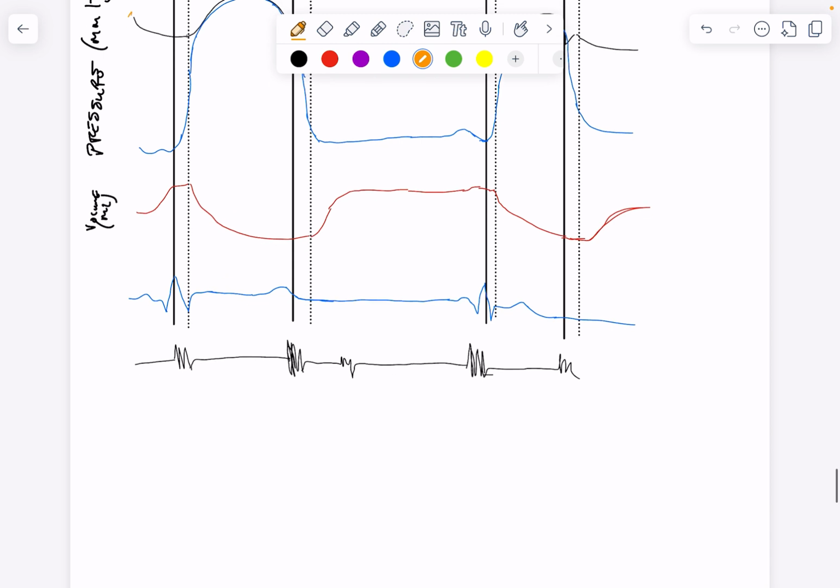So we have our systole here, our diastole here, and our systole here again.